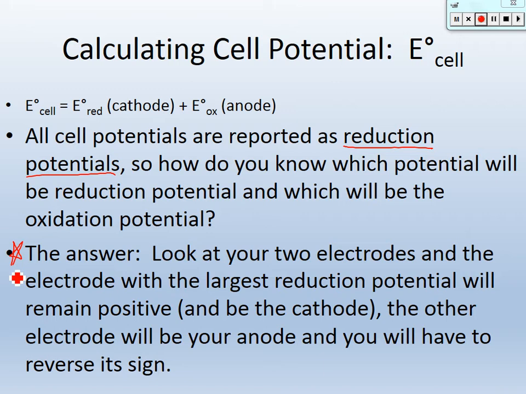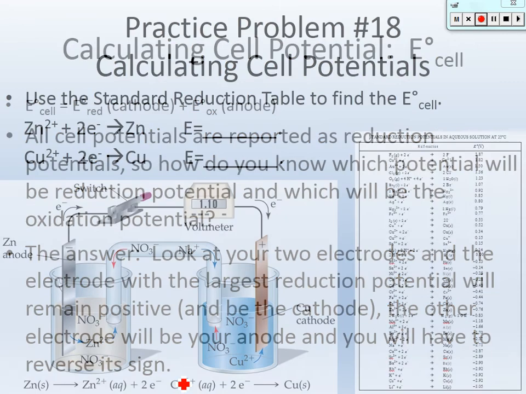So the one that's not as positive is going to be your anode, and you have to reverse the sign of the voltage in order for it to get an oxidation half. That might not make sense right now, but I promise you as we go through these questions, I'm going to refer to this rule a lot, so please stay with me as we go through these practice problems.